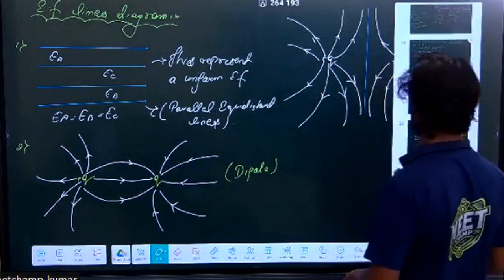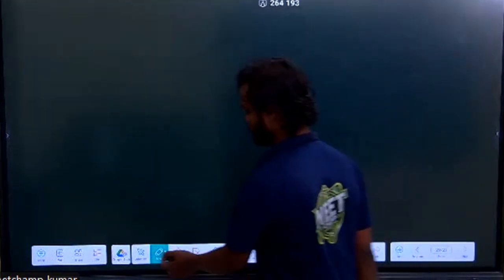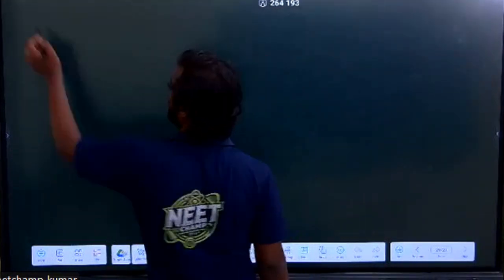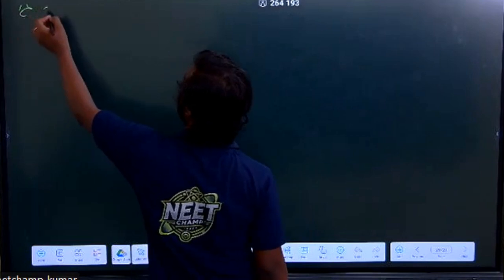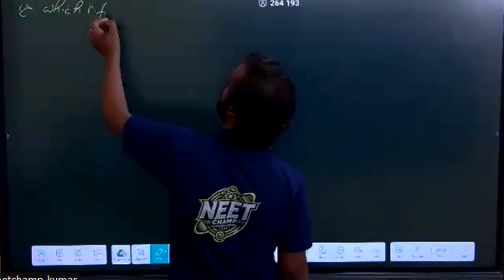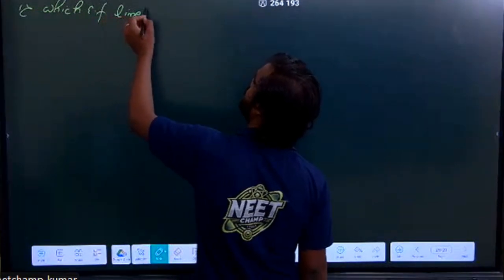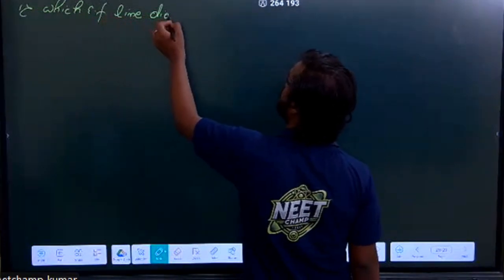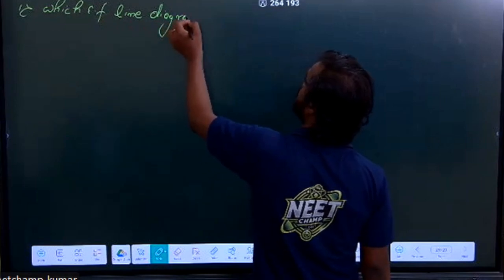Now there is one problem which has been asked in a previous year question. Just try to answer it. Which electric field line diagram is correct?